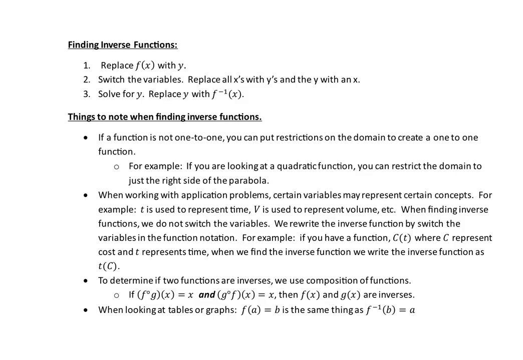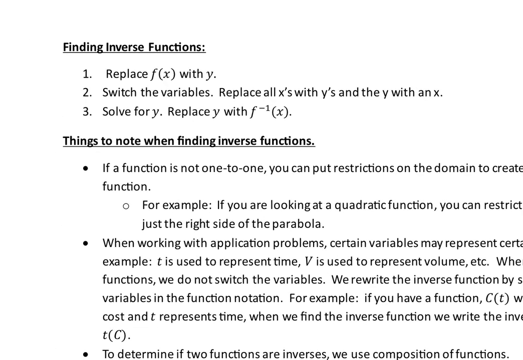Alright, so let's go ahead and talk about how we find an inverse function. The first thing that we're going to do is replace f of x with y. And then from there, we want to switch our variables. Remember, with inverse functions, inputs become outputs, outputs become inputs.